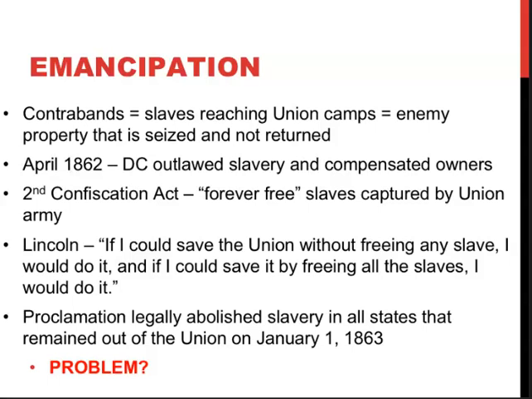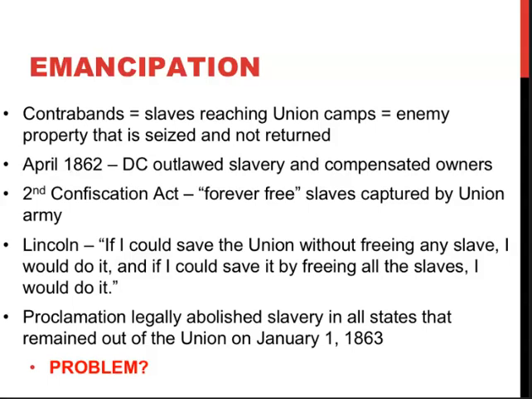The proclamation legally abolished slavery in all states that remained out of the Union on January 1st, 1863. That proclamation is known as the Emancipation Proclamation. The word emancipate means to free, and a proclamation means to speak, or a speech.